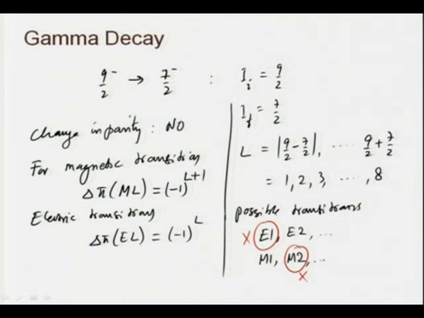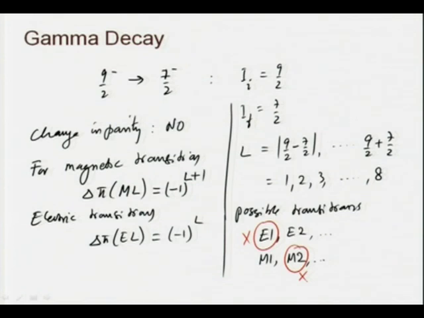Well, we already said that the higher poles are less likely compared to the lower poles, that is, there is a magnetic dipole transition possibility and an electric quadrupole transition possibility. And then we also said that the properties of gamma decays tell us that magnetic transitions are less probable compared to the electric transitions.